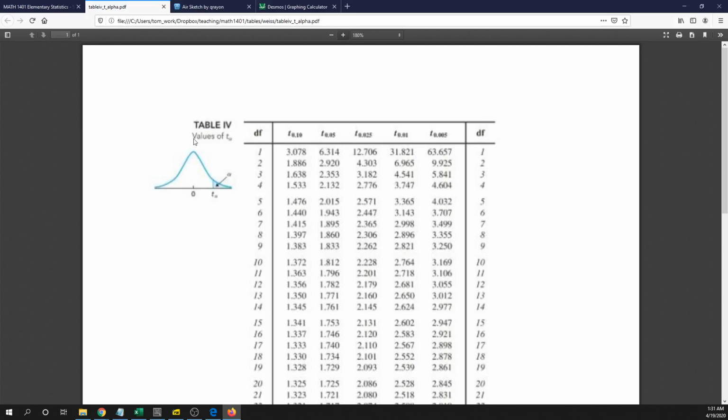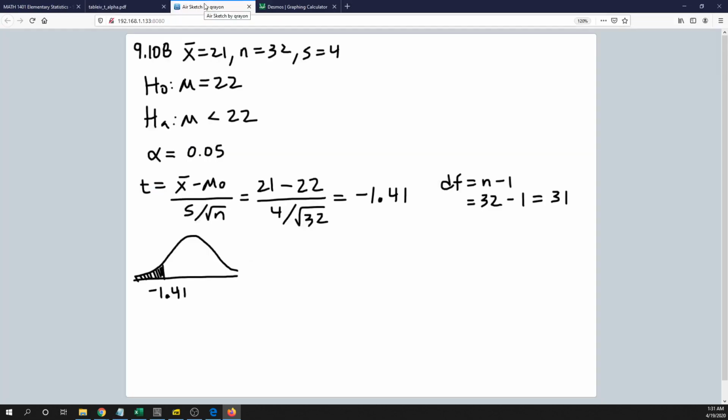And so what we're going to do is look up positive 1.41 in the table, and we're going to find this area over here, because that's how table 4 is going to give that to us. Then that value, the area to the right of 1.41, is going to be exactly the same as the area to the left of minus 1.41. Okay, so that's what we're going to do.